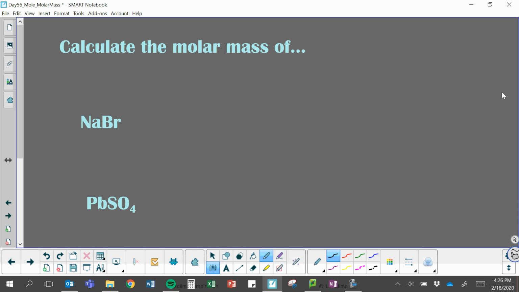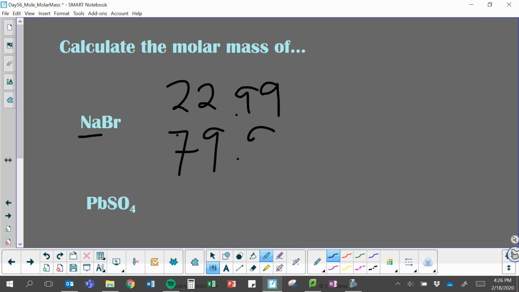Okay, this first one, we look at sodium first. Sodium has a mass of 22.99, and then bromine has a mass of 79.90, and so we're just going to add those two numbers.